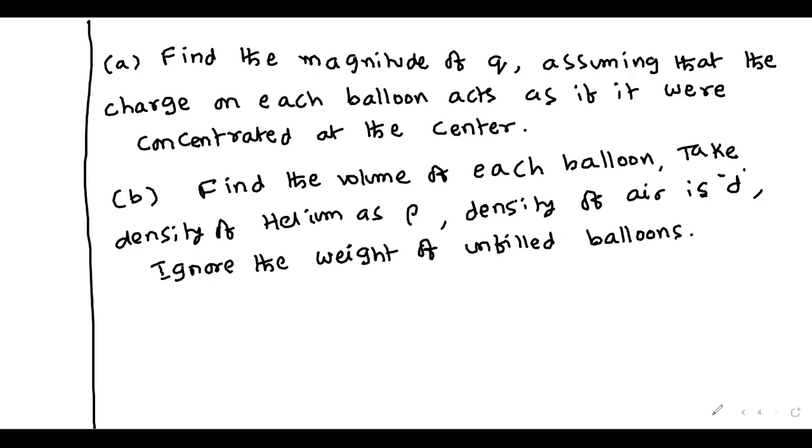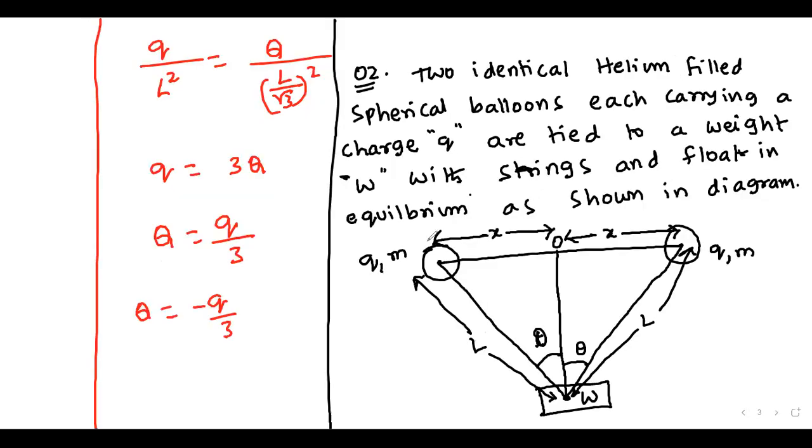Now see the question. We are having two helium spherical balloons. They are separated by a distance 2x, so with respect to the center, each spherical balloon is separated by a distance x, and it is tied to a weight W with the help of strings.